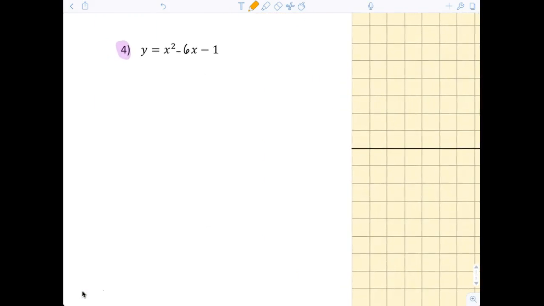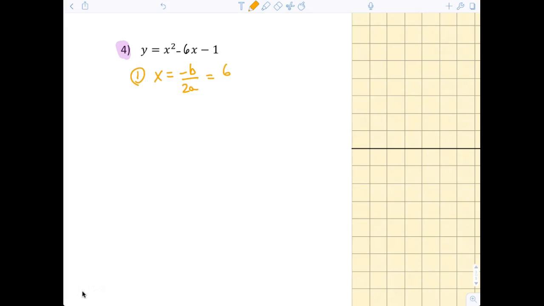All right, so now let's go down to number 4. Same process. Step number 1: x equals negative b over 2a. Now here's where some of you are asking me questions. Negative, but if the b is already negative, then it becomes positive.